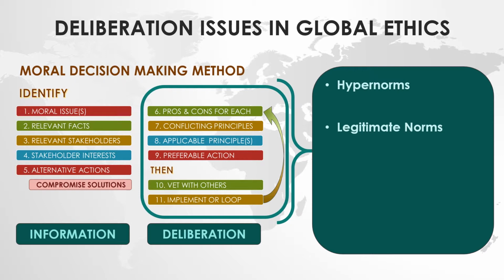So, a good bit of homework will need to be done to determine whether or not those norms that give us pause are indeed consistent with the hypernorms. And in so determining, we must be extremely careful to stick with the bare bones requirements of the hypernorms and not let our own home country legitimate norms skew our assessment. This, as you can imagine, is a lot easier said than done.